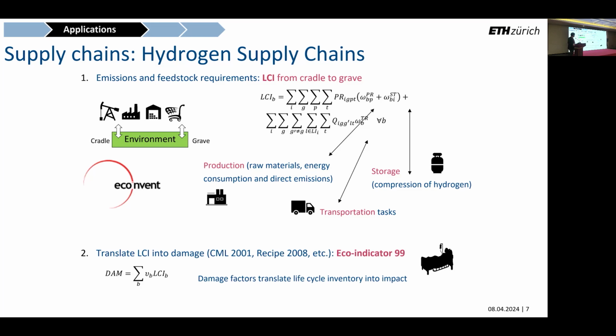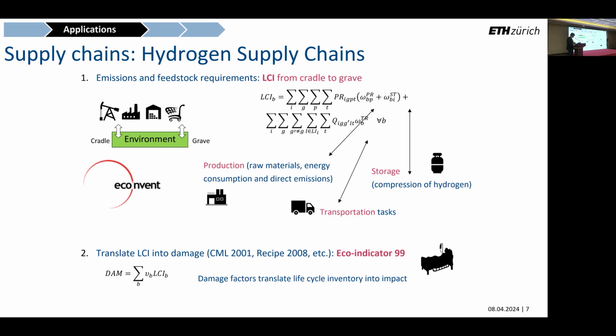So here in this first work, we're using the Eco-indicator 99. There are many LCA metrics, and later I will talk about the use of planetary boundaries in the context of assessing these technologies. So we first calculate the life cycle inventory of emissions, we multiply with some characterization factors, and then we have, in this case, damage to human health due to climate change, which is quantified using this Eco-indicator 99, which is following the LCA principles.